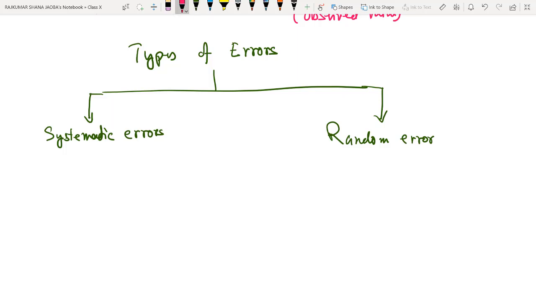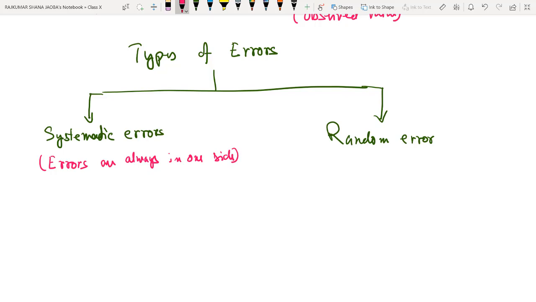So systematic errors are always in one side.